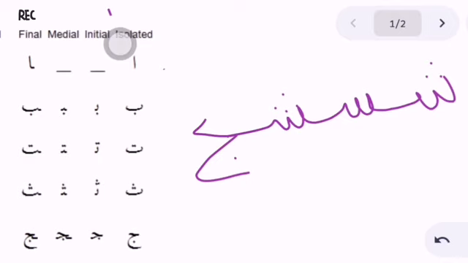So we should be able to identify that the first one here is sheen, the second one is seen, the third one is sheen, and the last one is jeem. So we should be able to identify these ourselves. Beautiful. After this, we will be moving to another two letters with the same structure, and that is sad and dad.